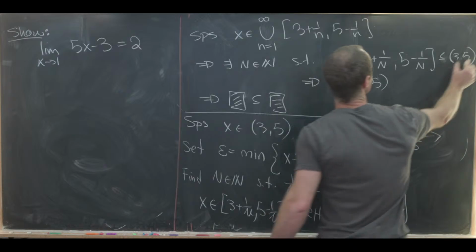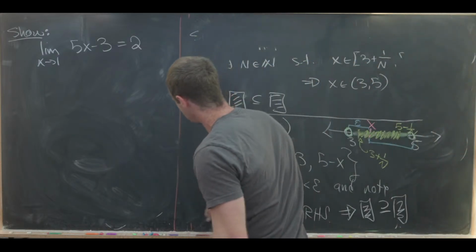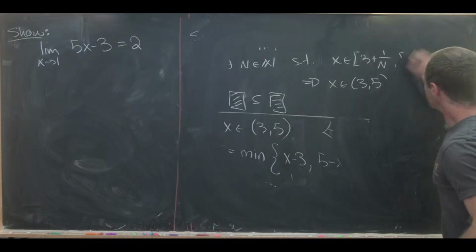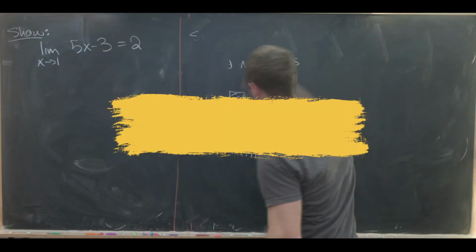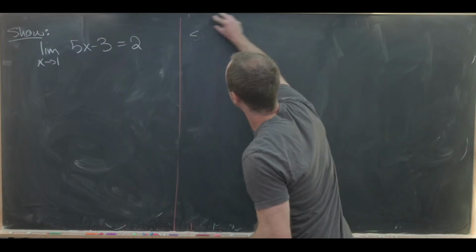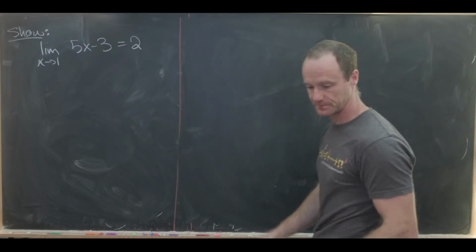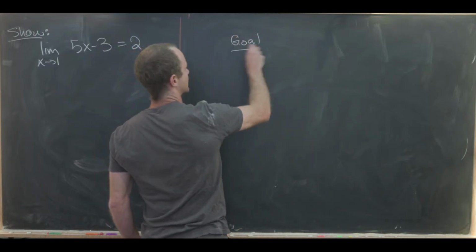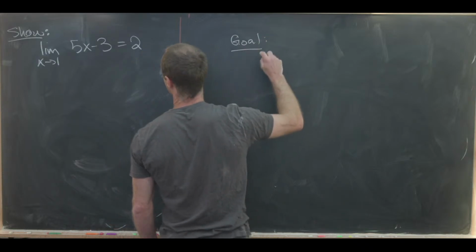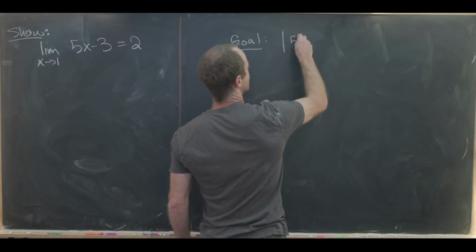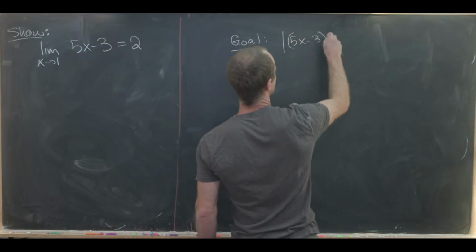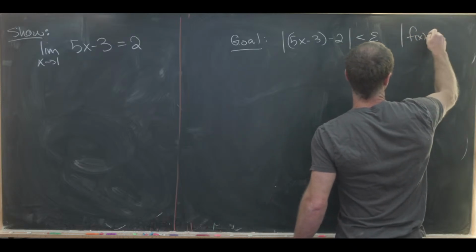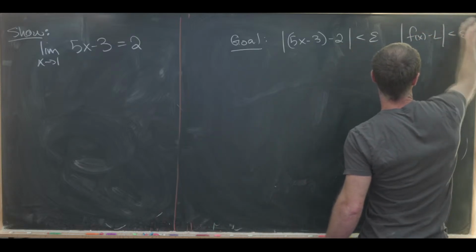Okay. The strategy I like to use for these is to do some scratch work to build my delta that depends on my epsilon, and then write the real proof in reverse. So let's have our scratch work over here, and recall that our goal is that the absolute value of 5x minus 3 minus 2 is less than epsilon. In an arbitrary function, that's like f of x minus L is less than epsilon.